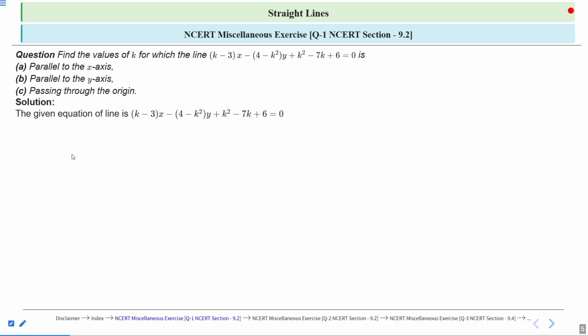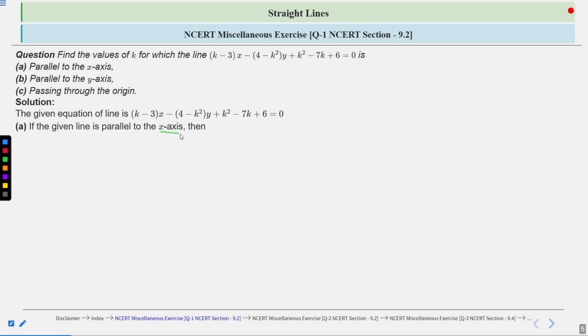The given equation is k minus 3 times x minus 4 minus k square times y plus k square minus 7k plus 6 equal to 0. So this is our given equation. Take the first condition: if this given equation is parallel to the x-axis. What does it mean that this line is parallel to the x-axis?